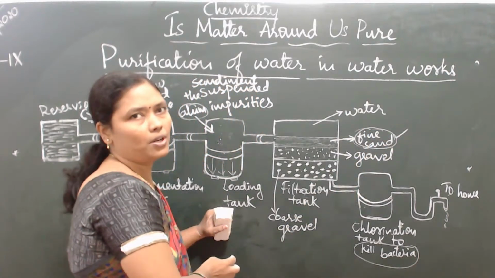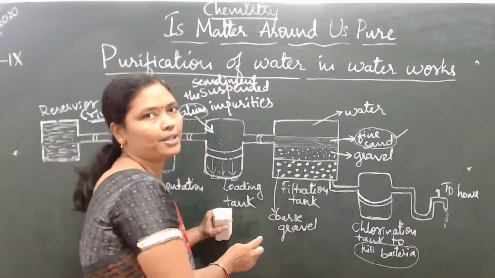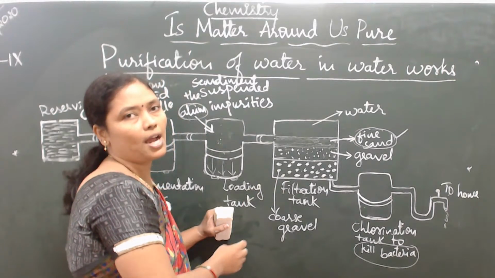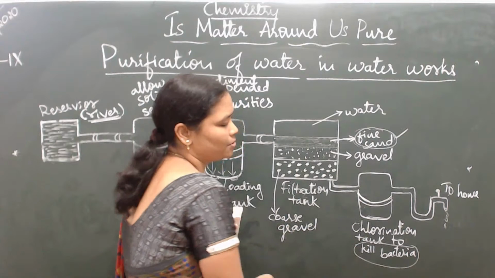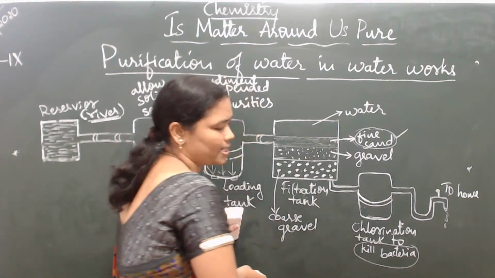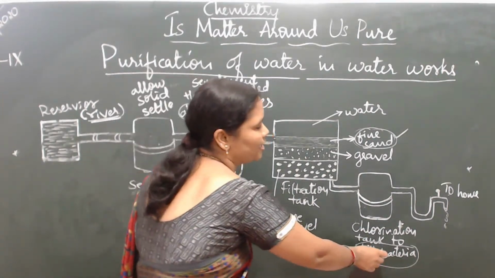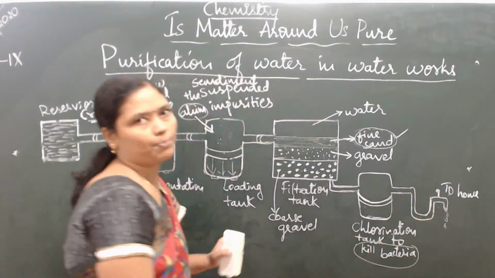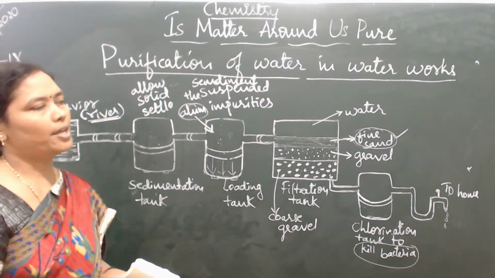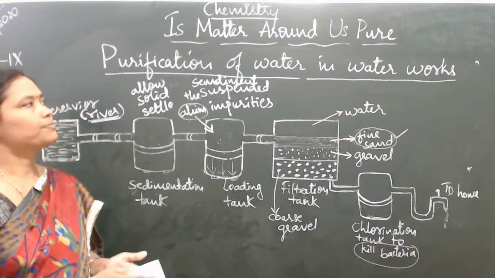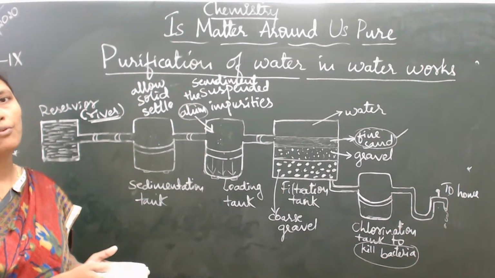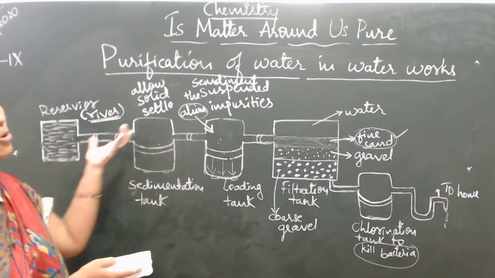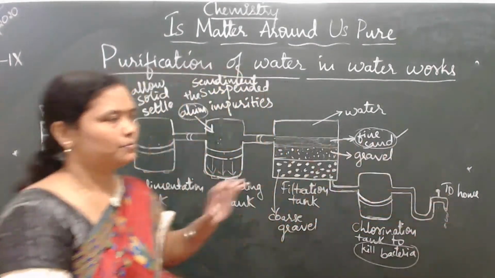Here, the sand helps in the purification of the water, along with killing some of the germs. It is passed to the next tank, the chlorination tank, where the bacteria are killed, and finally the water is supplied to homes. Okay. So this is about how we can get purified water from large water bodies to a home.